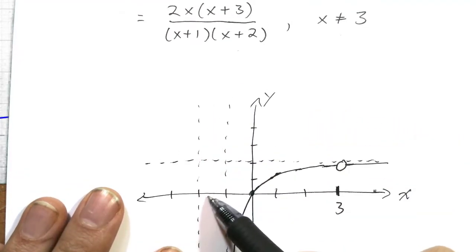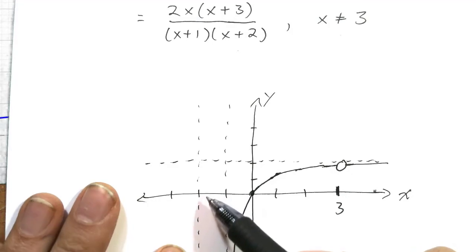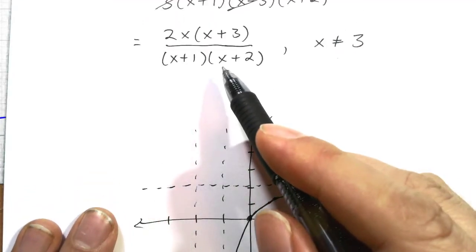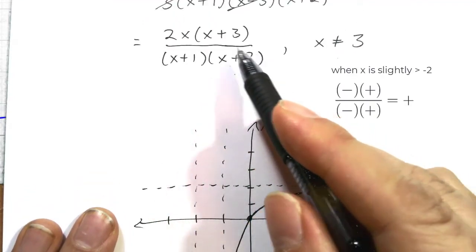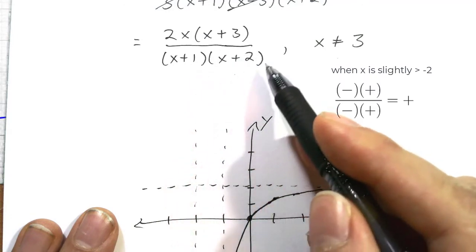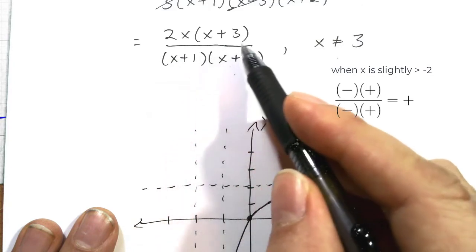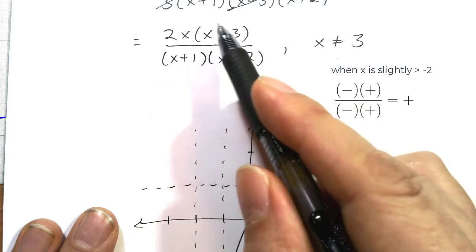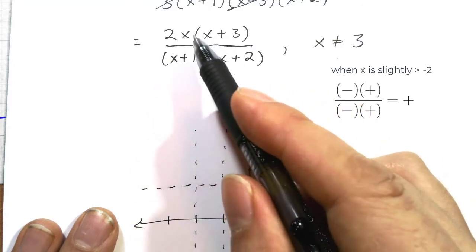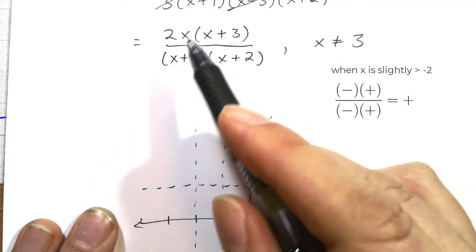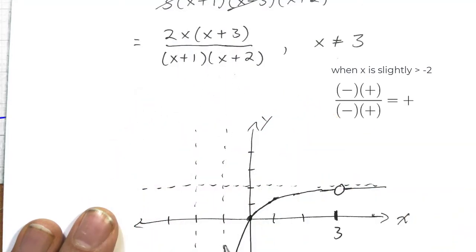Now what if we're close to but greater than -2? Well, that means that this term is positive, because we're greater than -2. This term is negative. This term is positive. And this term is negative. So the whole resulting expression is positive.